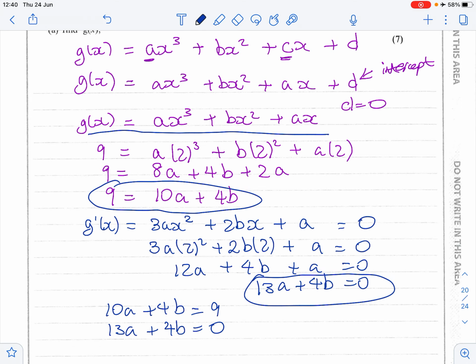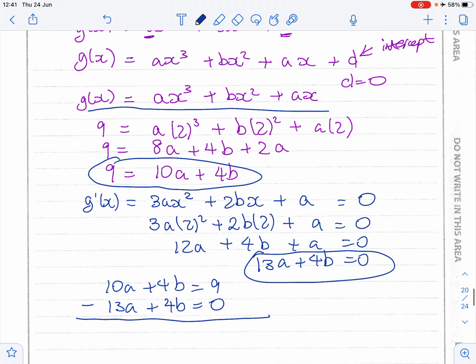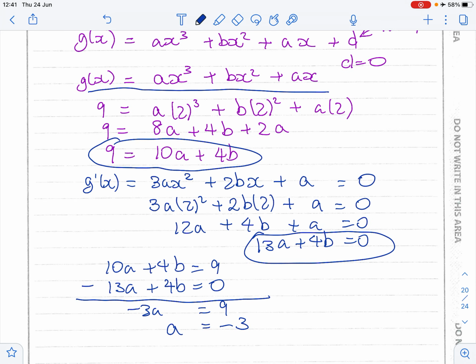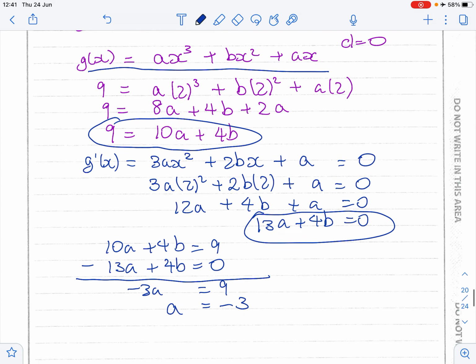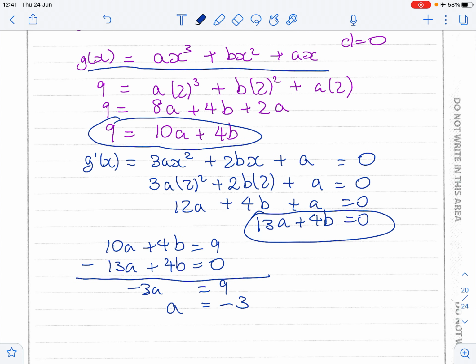Going to subtract them. So 10 minus 13 is minus 3a equals 9. Therefore, a is going to equal minus 3. Then just substitute it into one of the equations. I'm going to substitute into the first one.